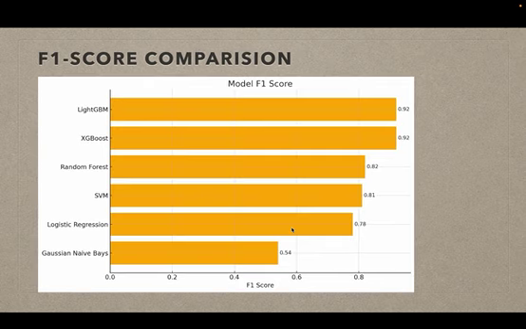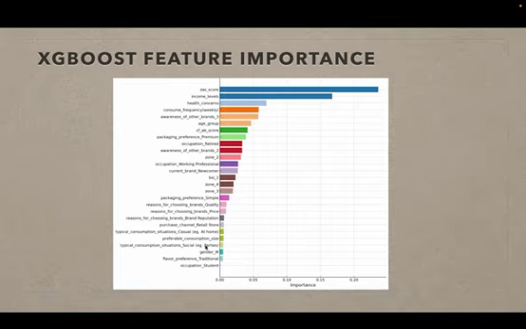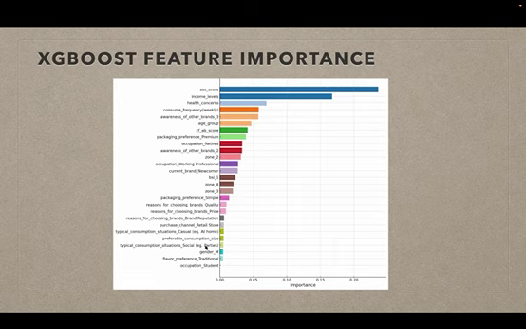And in the F1 score comparison, here also we can see that naive Bayes has the lowest, around 0.4, the highest are LightGBM and XGBoost at 0.92, followed by random forest, SVM and logistic regression. So now we can see that XGBoost satisfies all the success criteria. We'll be going forward with XGBoost for our prediction.